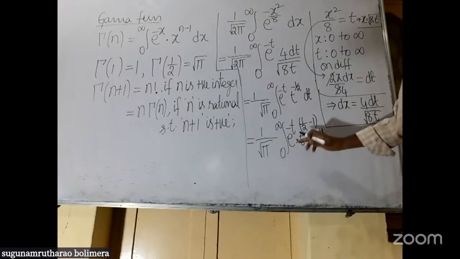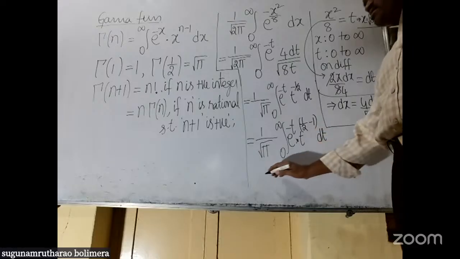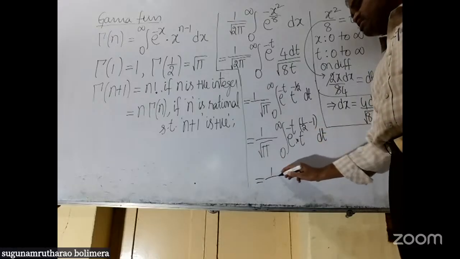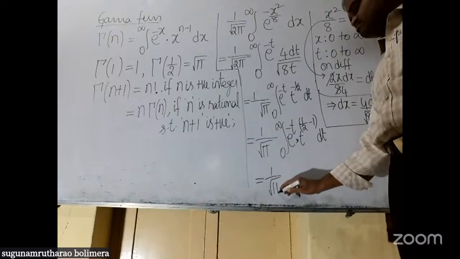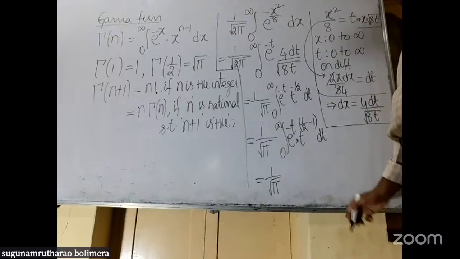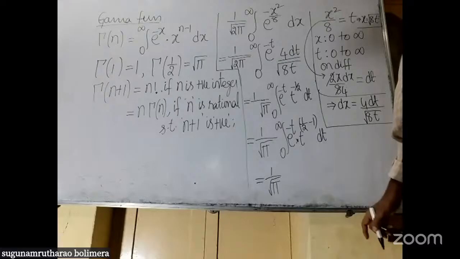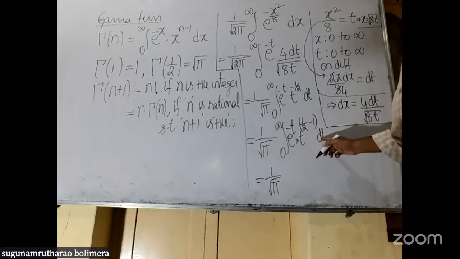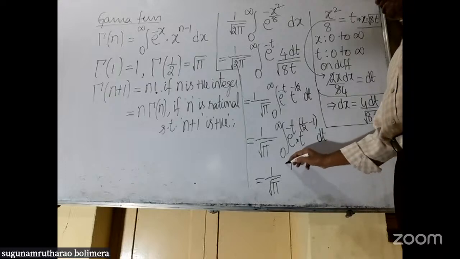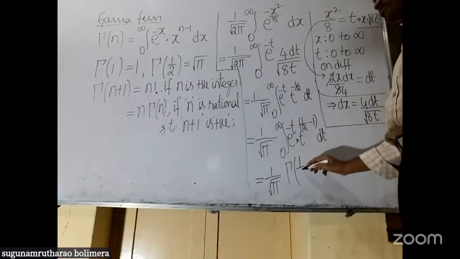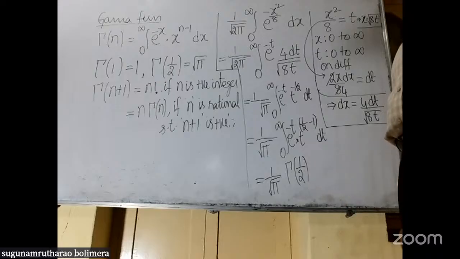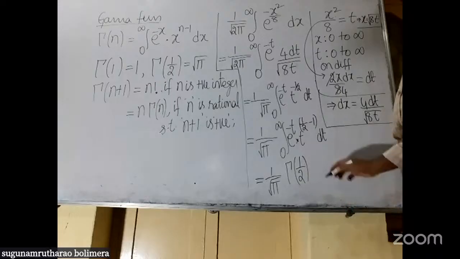This is e power minus x, x power n minus 1 dx. So this is nothing but 1 by root pi, and integral 0 to infinity e power minus t, t power half minus 1, so n is half. So 1 by root pi into gamma half.